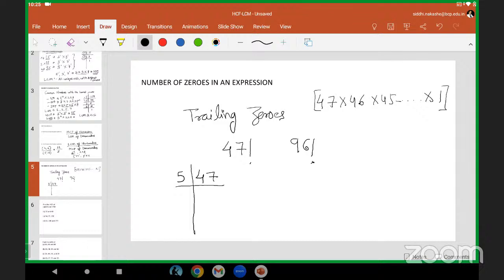So now what we do is, we find the closest multiple of 5 near to 47. The closest multiple of 5 here is nothing but 45, right? So that is 9, 5 nines are 45. Again, the closest multiple is what?